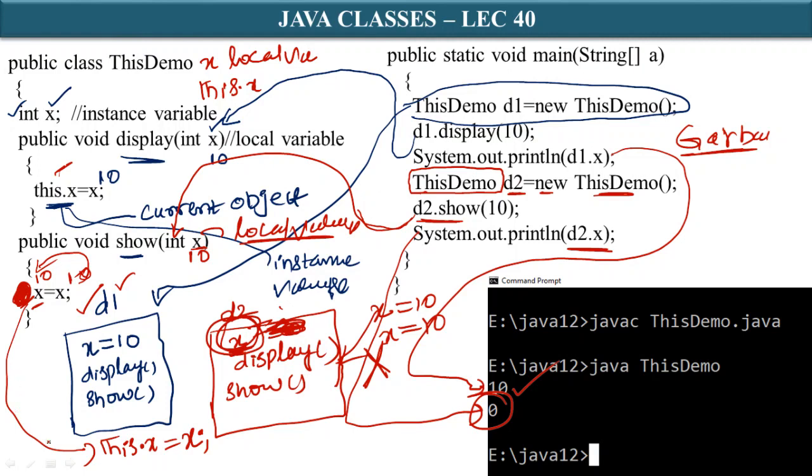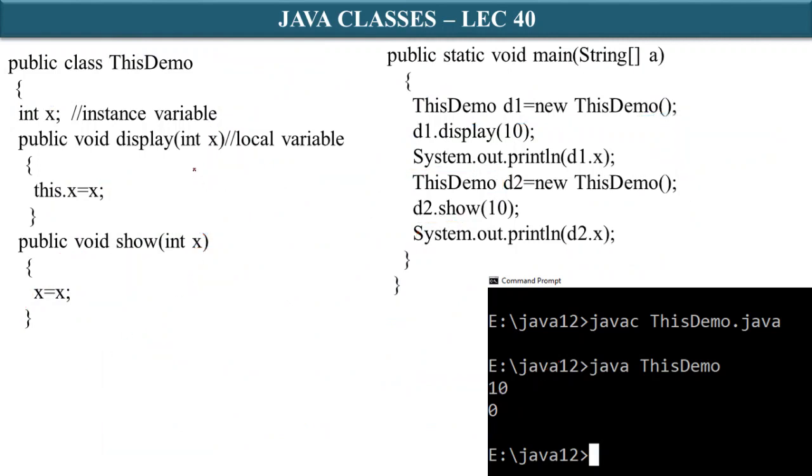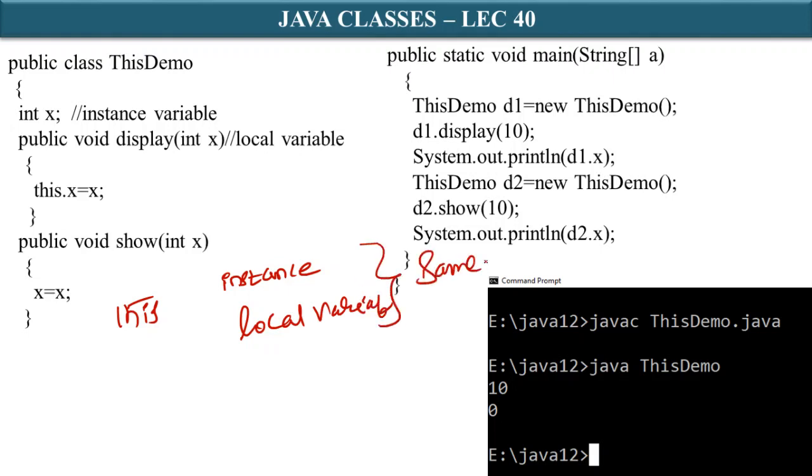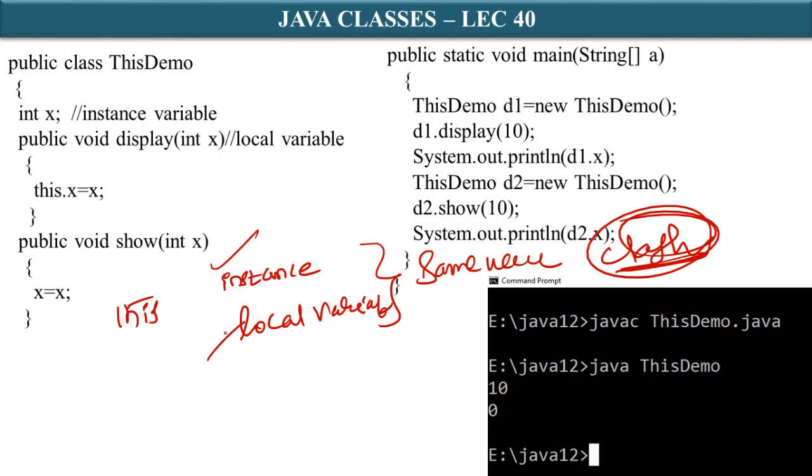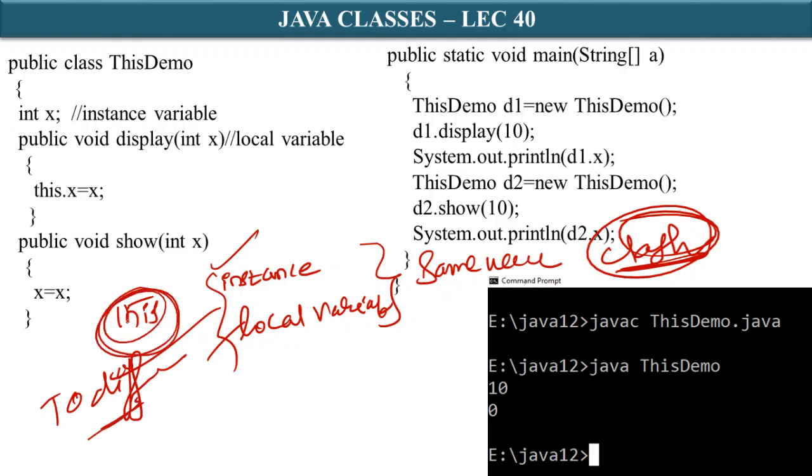Just let me repeat. Always understand what the purpose of this keyword is: to differentiate instance variable and local variable, if they have the same name. What does it mean? If there is a clash between instance variable and local variable, to differentiate them I need this keyword.